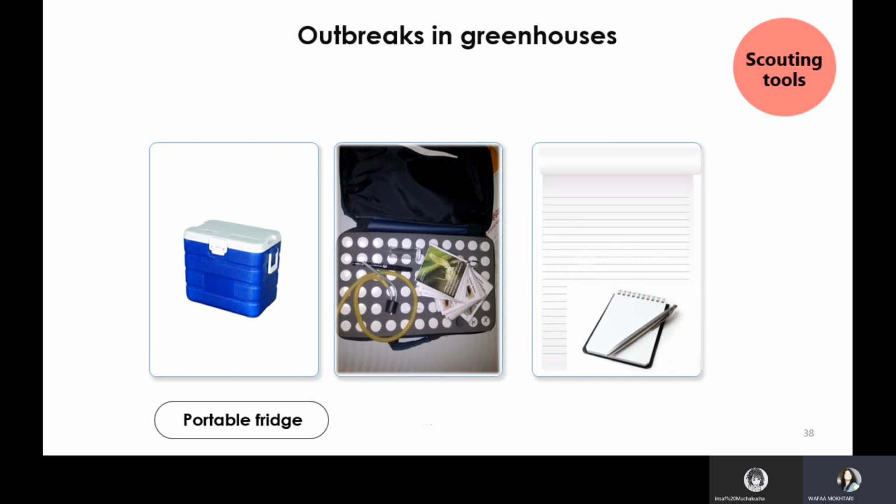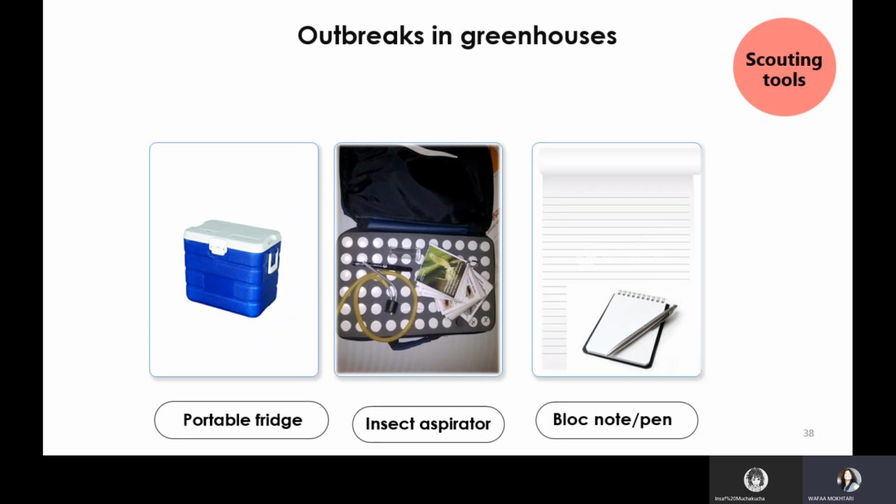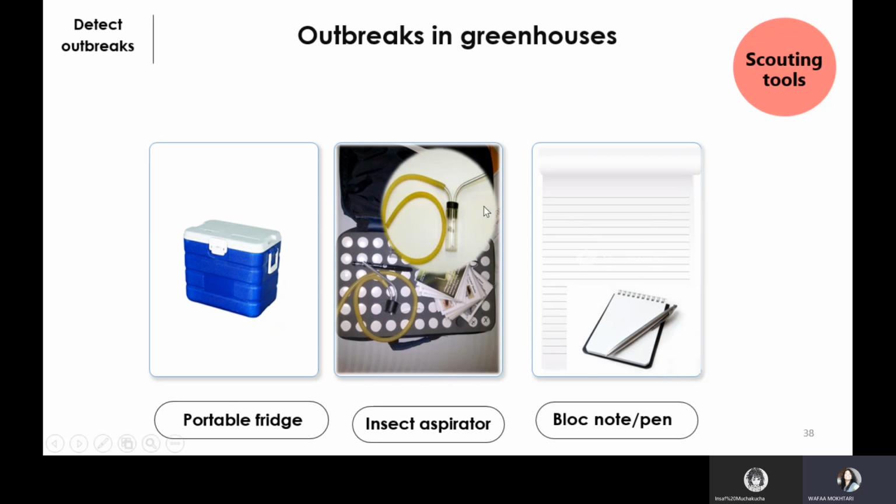Sometimes, if you can afford a portable fridge, this is really important because it will save the sample, as I said in the last slide. If you can have an insect aspirator, those are really important. And of course, you need to record almost everything in your notebook.